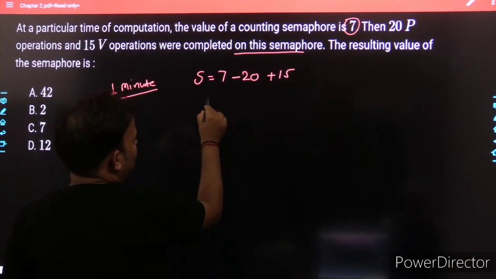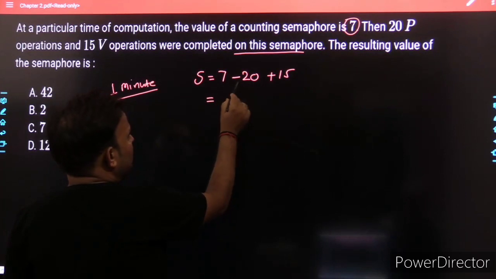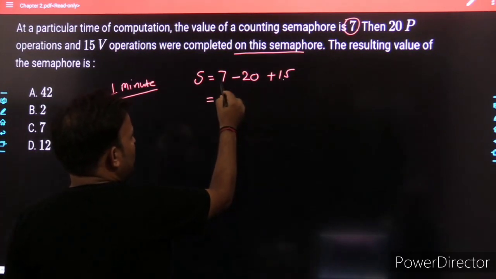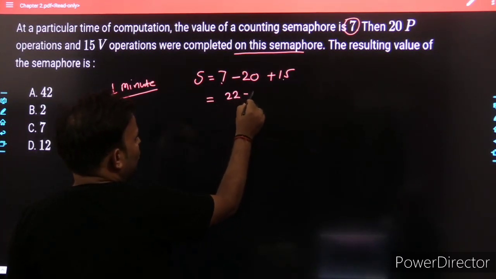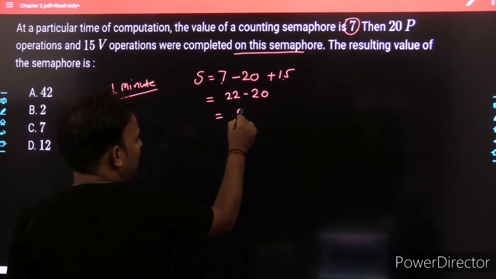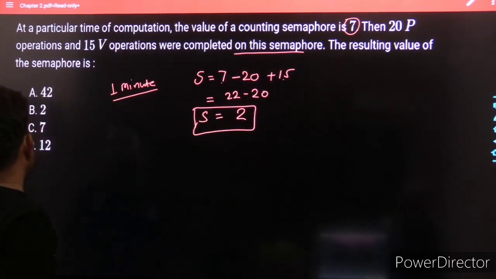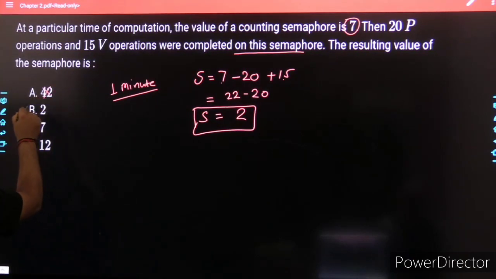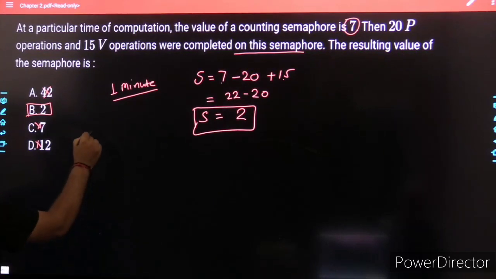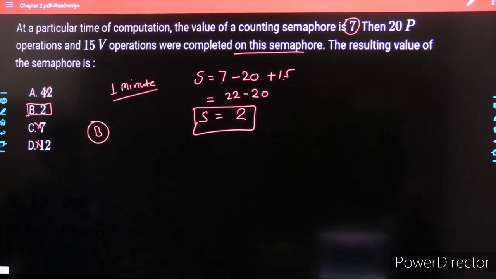What is the final value of the counting semaphore? 7 plus 15 is 22, and 22 minus 20 is 2. So option A is wrong, option B is correct here, option C is wrong, option D is wrong. I hope you got the answer, my dear friends. Now I am going to move on to the next question.